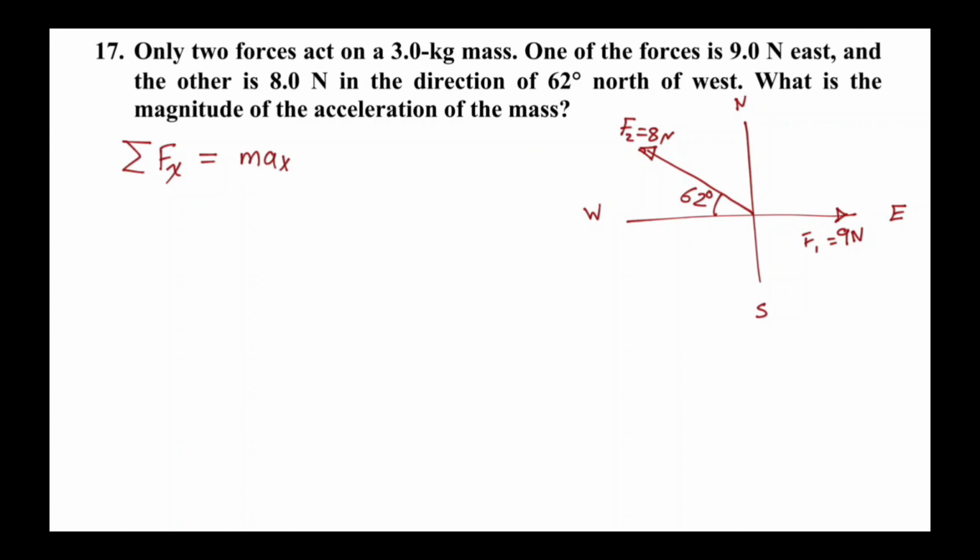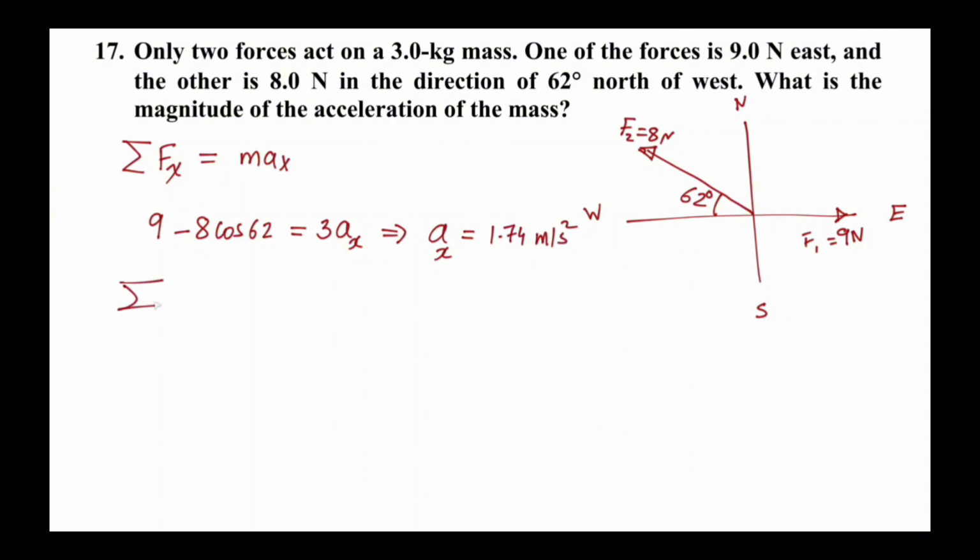So in this case it's equal to 9 minus 8 cosine 62, and this equals the mass, 3, times ax. From this, ax equals 1.74 meters per second squared.